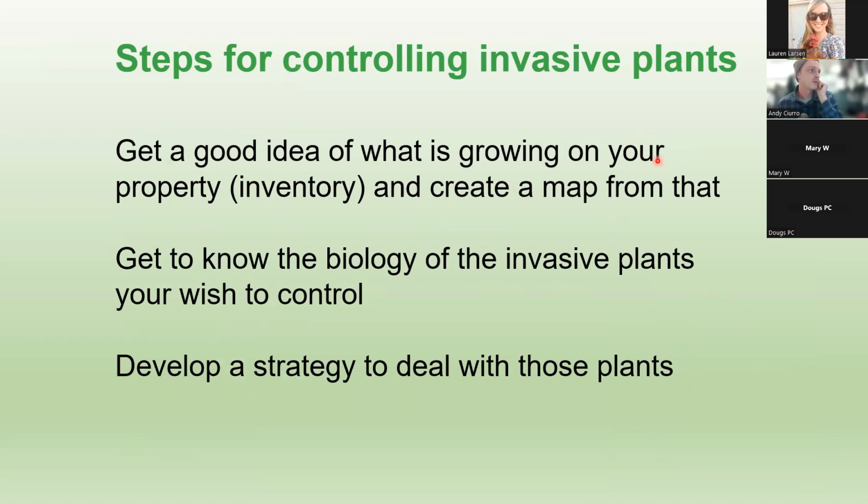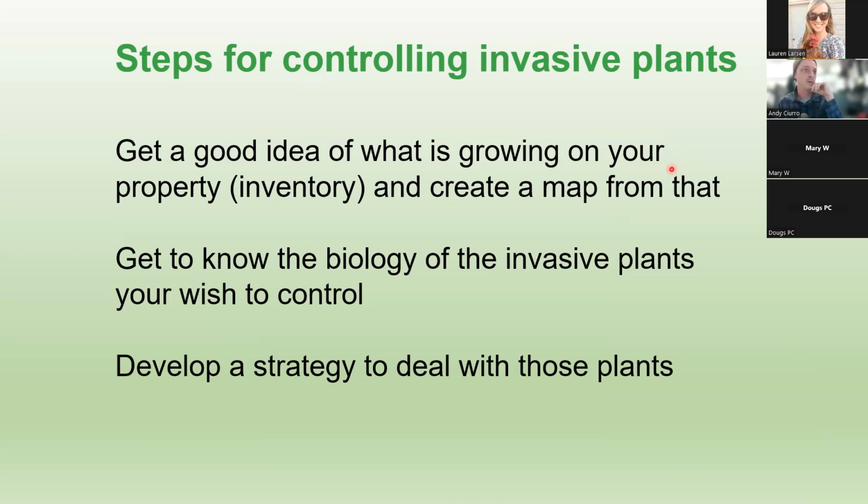So the steps are going to be: making an inventory is the first thing you want to do. Well, even before inventorying, you'll want to know what to look for and how to identify these plants, and then really get to know your property.